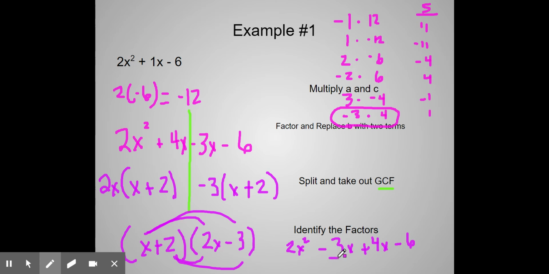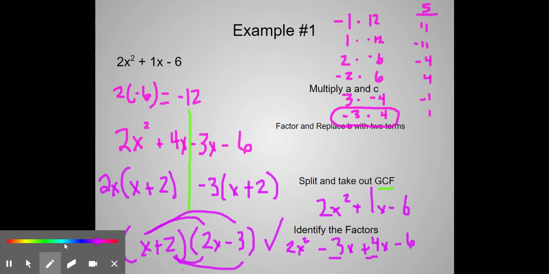So then we're going to combine like terms. We're going to be left with 2x squared plus x, or 1x, -6. So after we distribute, we get this trinomial. So we know that this answer checks out. So again, our final answer is right here in green: the quantity of x + 2 times the quantity of 2x - 3.